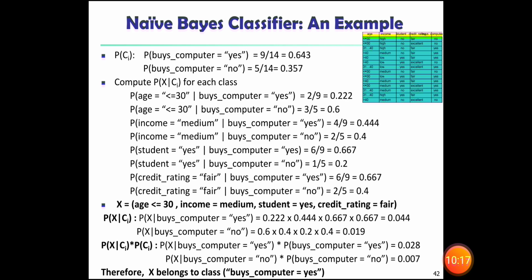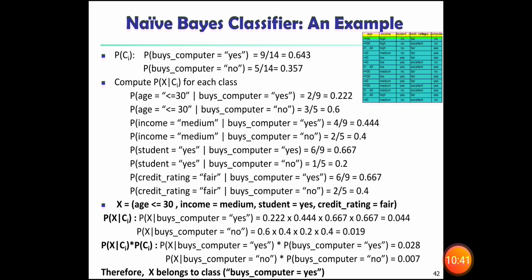The same way for P of X, where X includes all the labels, and the status is no. Wherever we found the values for no status, all the values will be taken and multiplied, and finally we get 0.019.